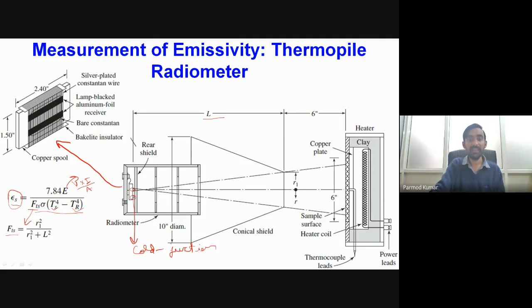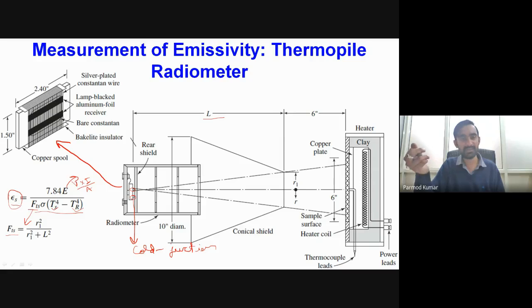From this discussion, you can see that the overall governing equation we are using is the Stefan-Boltzmann equation. In a few cases, we already know the emissivity of the source.